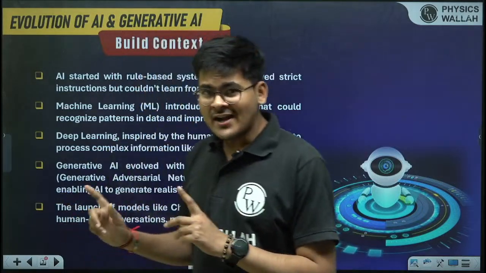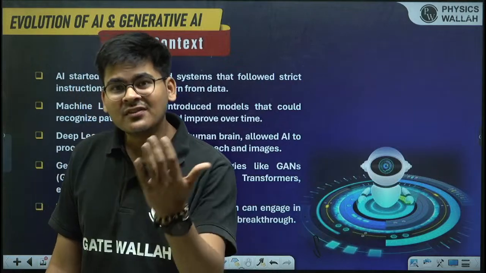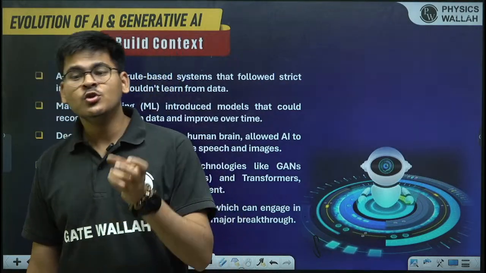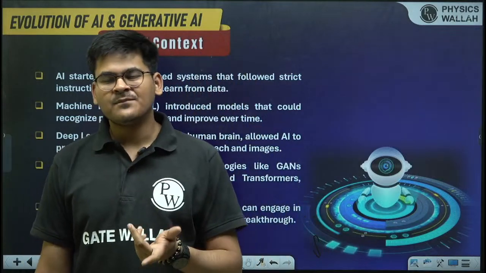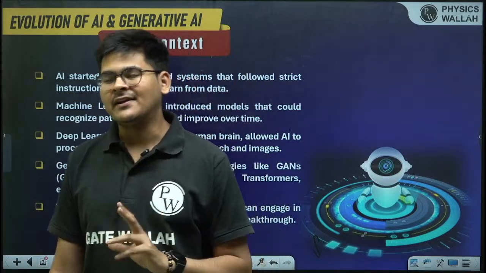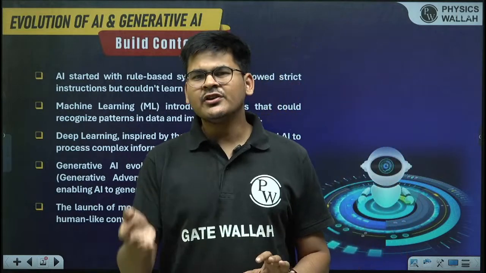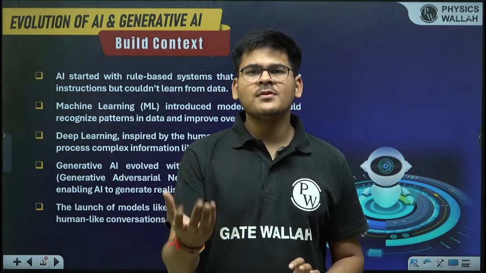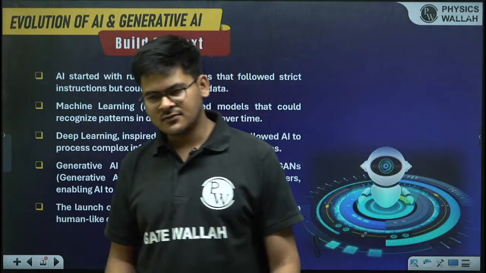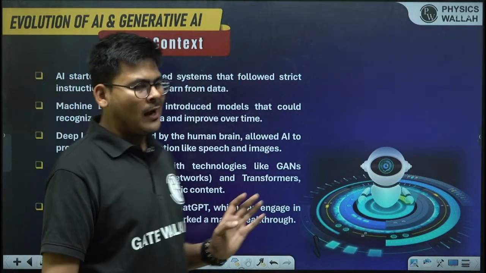But ChatGPT is so famous because it was the first interface using which humans can discuss with the machine in a very user-friendly manner. Is it clear? So ChatGPT introduced a way in which you can talk to a machine in a user-friendly manner. This is where the major breakthrough happened.